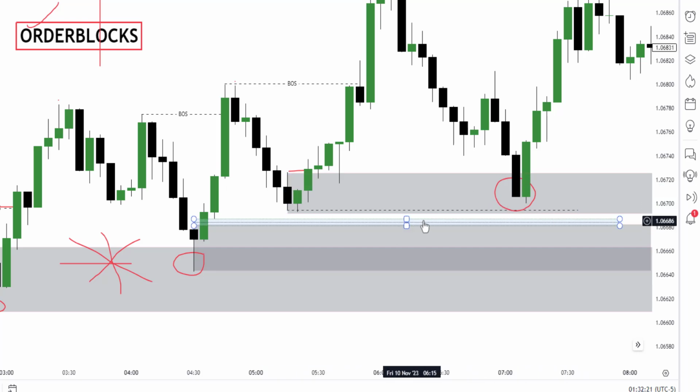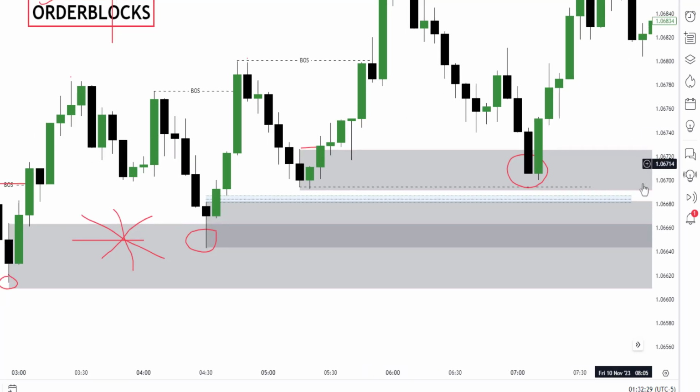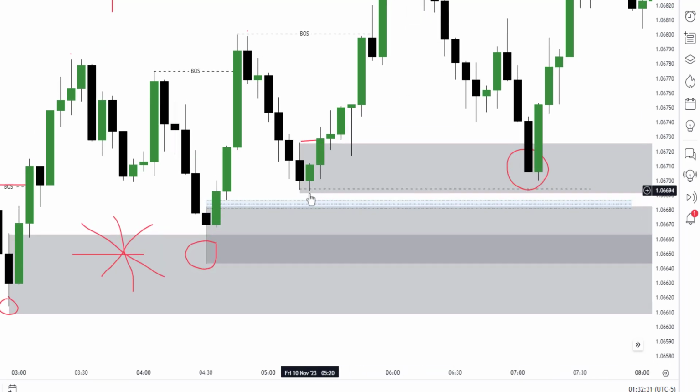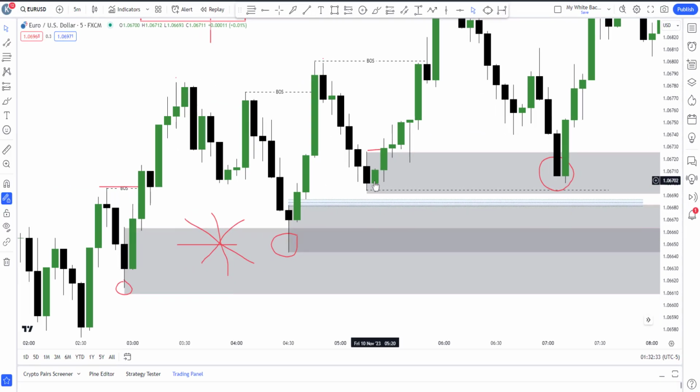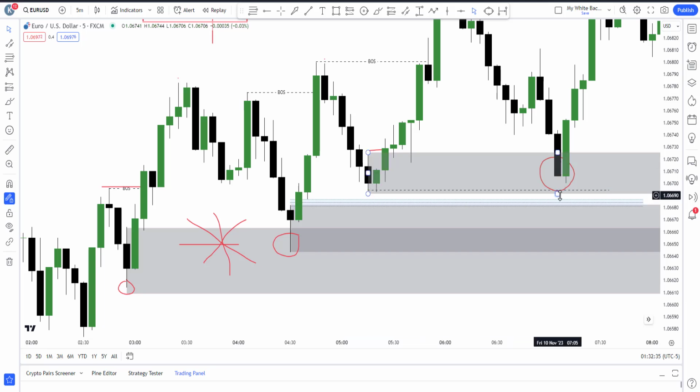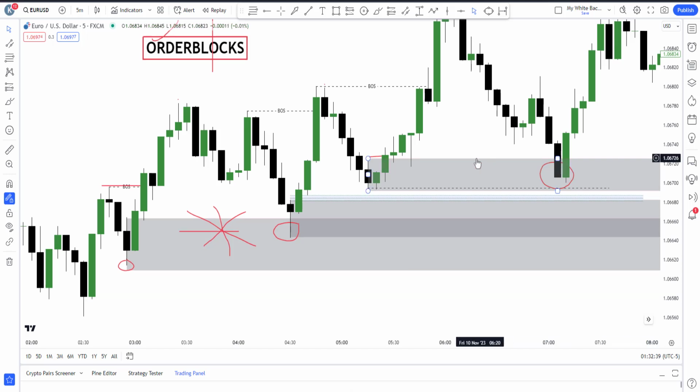But in my own rules, I will map out including the wick of the order candle that is lower than this. You will notice that this particular green candle is lower than this. So I will just map it out, and that becomes my order block where the order was taken.